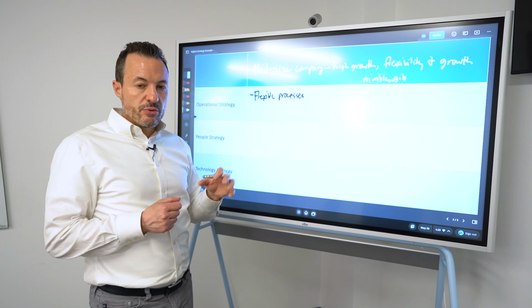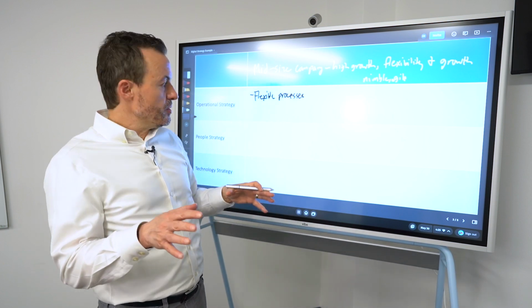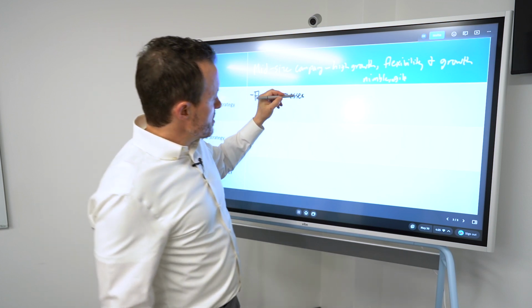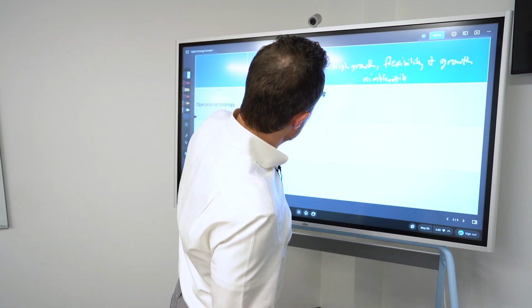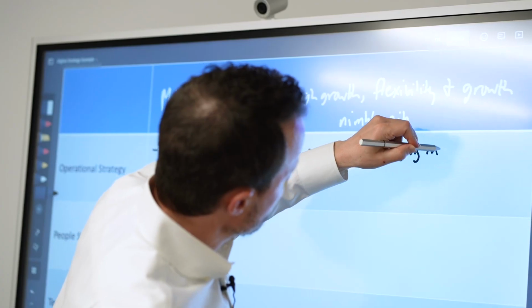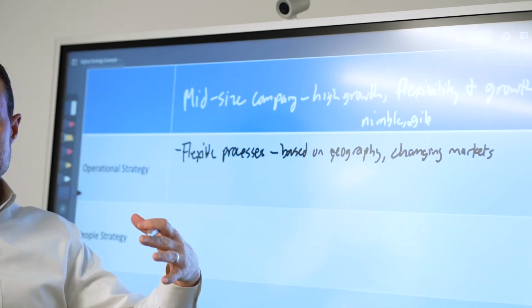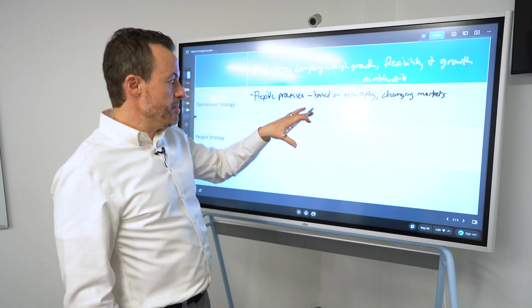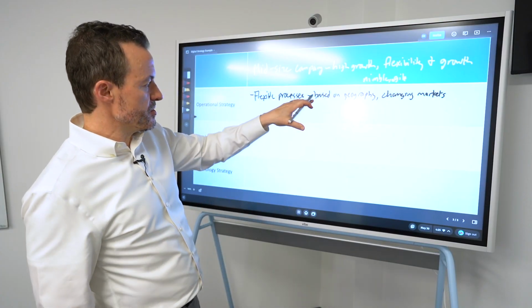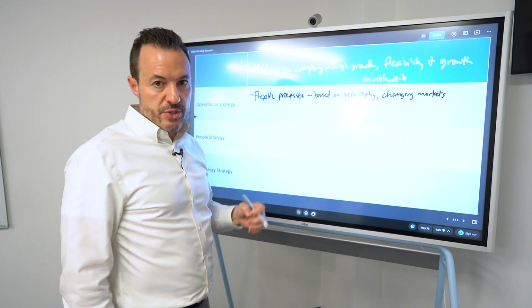It may also be that if we're a global company or we have multiple locations or we plan to have multiple locations in the future, we might have flexible processes based on geography, or it could be that it's based on changing markets. And again, this is very different than defining standard processes that are meant to be repeatable, scalable, and consistent across the organization. It may be that we intentionally build our business processes to vary from location to location or to evolve as the business evolves.